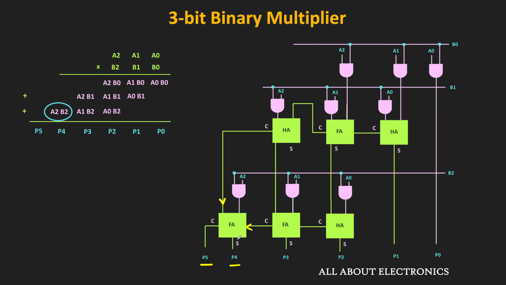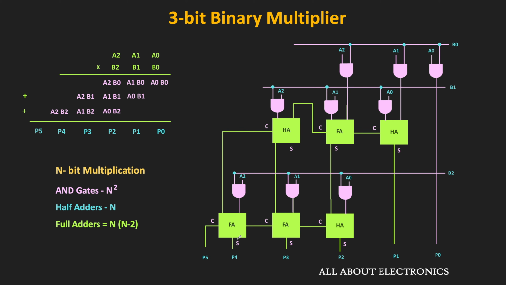So as you can see over here, to design this 3-bit multiplier, we require 9 AND gates, 3 half adders and 3 full adders. So in general, when we are designing an n-bit multiplier using this method, then we require n square AND gates, n half adders and n times (n minus 2) full adders.